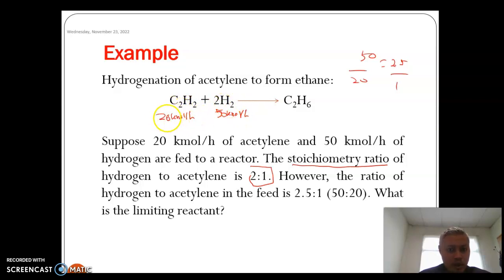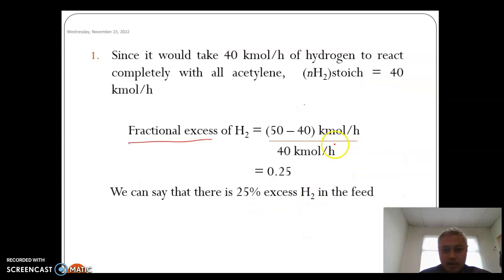That means if we have 20 kilomole per hour of C2H2, we need 40 kilomole per hour of H2. That's why in this equation we take the feed of hydrogen, which is 50 kilomole per hour, minus 40, divided by 40, and we get 0.25.